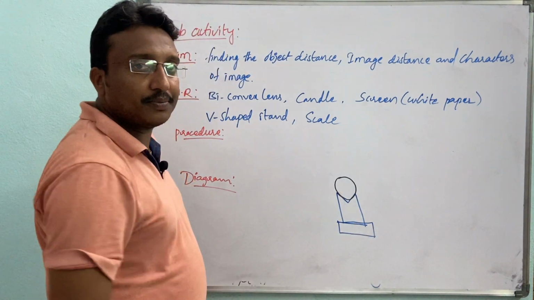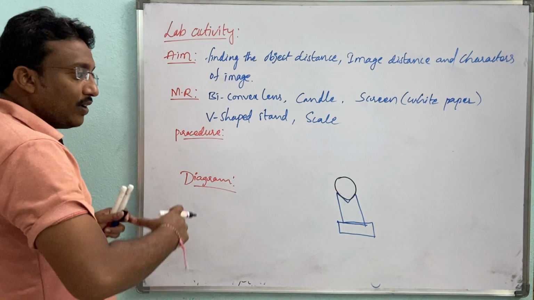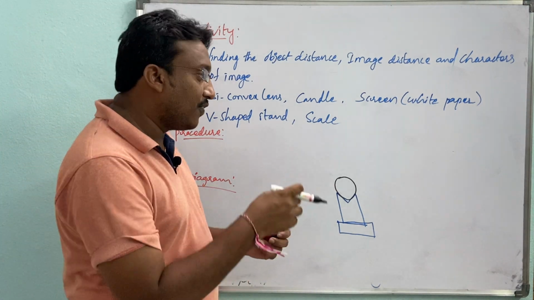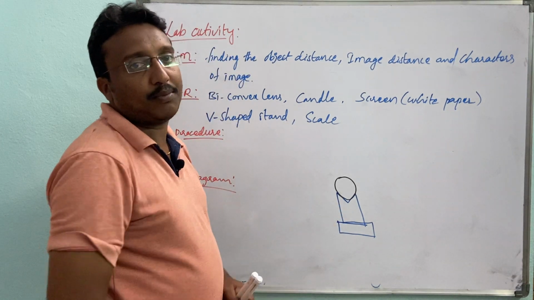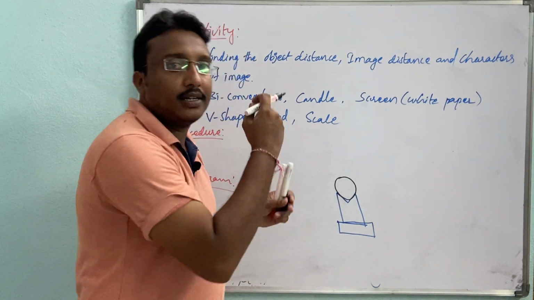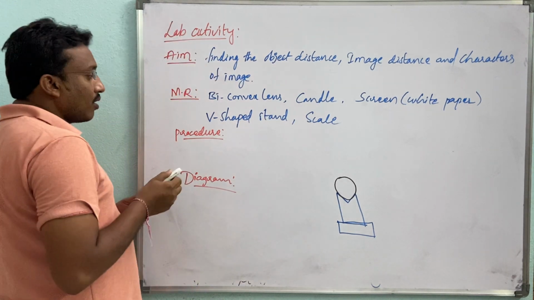Take a long table, right? Procedure is take a V-shaped stand and fix the lens to it and keep it in the middle of the table. This is the first point. Got it? First point.